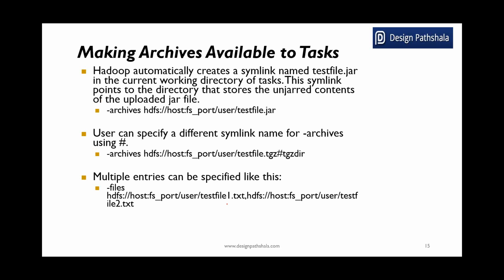When my local data node says python mapper.py, your mapper.py should be available on the local data node to run it. So by the help of the -file option or -archive option, that is available on your local data nodes.